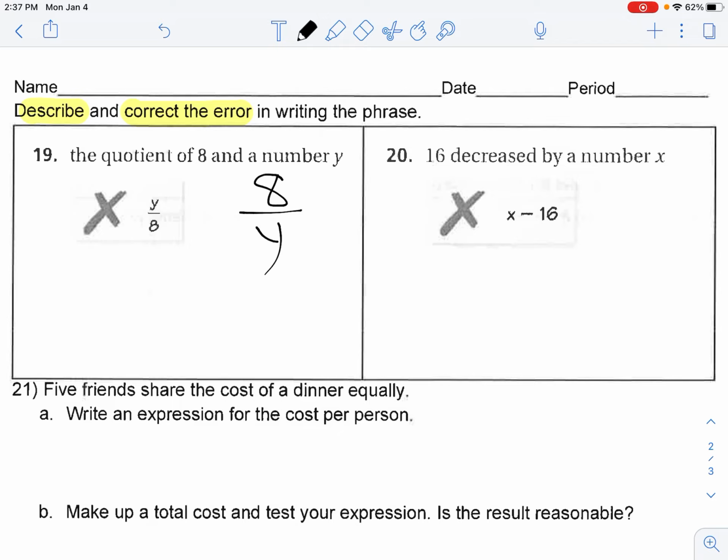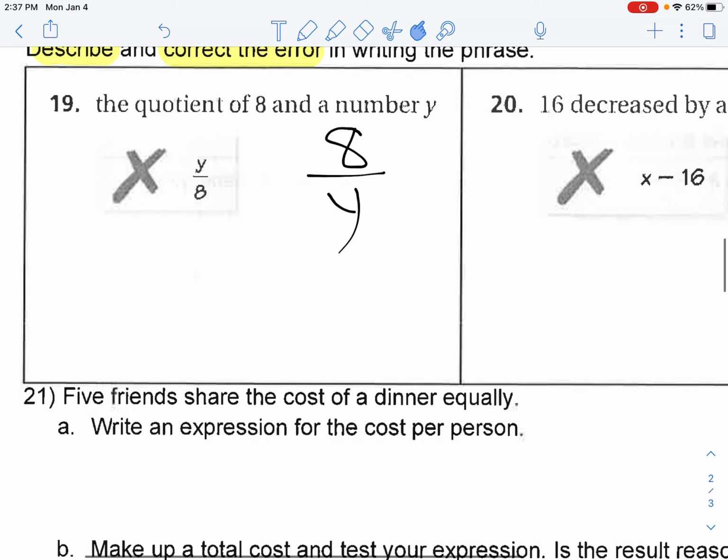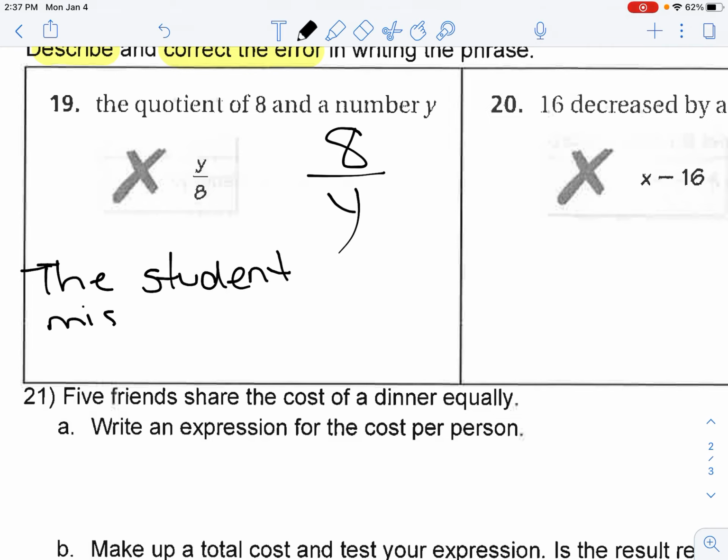So we corrected the error, we have not yet described it. So to describe that, I'm going to say the student misplaced the terms.